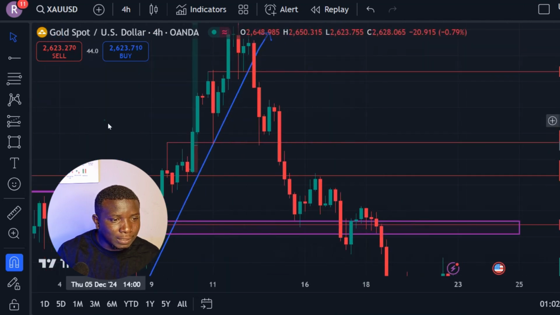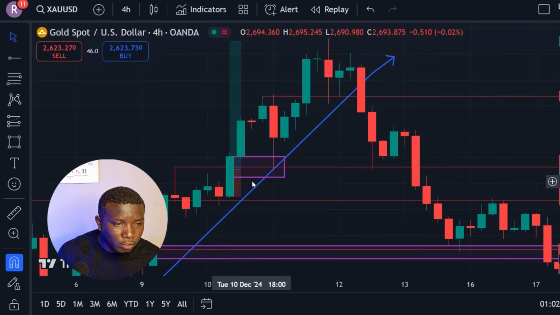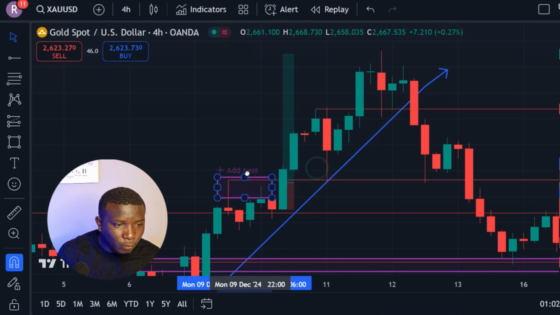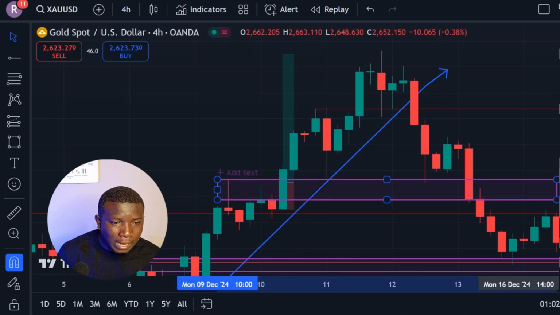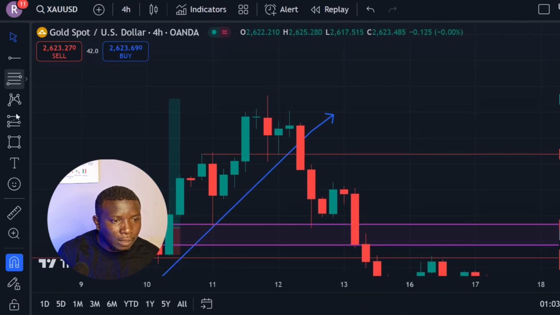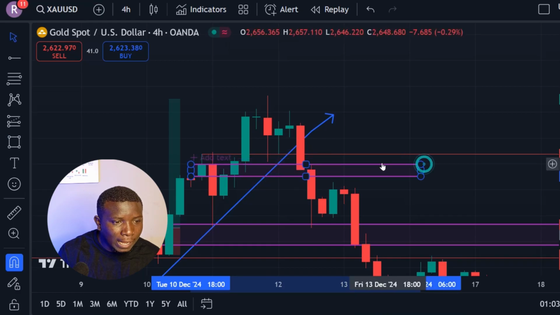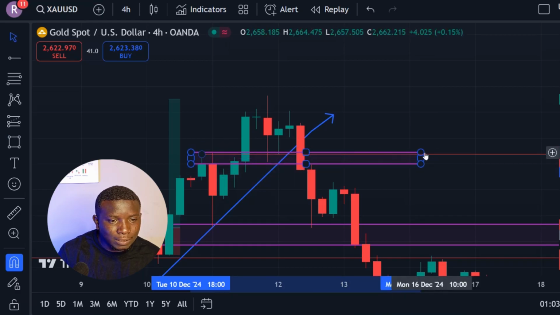Then right about this level, we have another beautiful one drawn right here. We want to target the wick, so draw it down to this level. Now we have one more at about this level, then draw it down to this level.